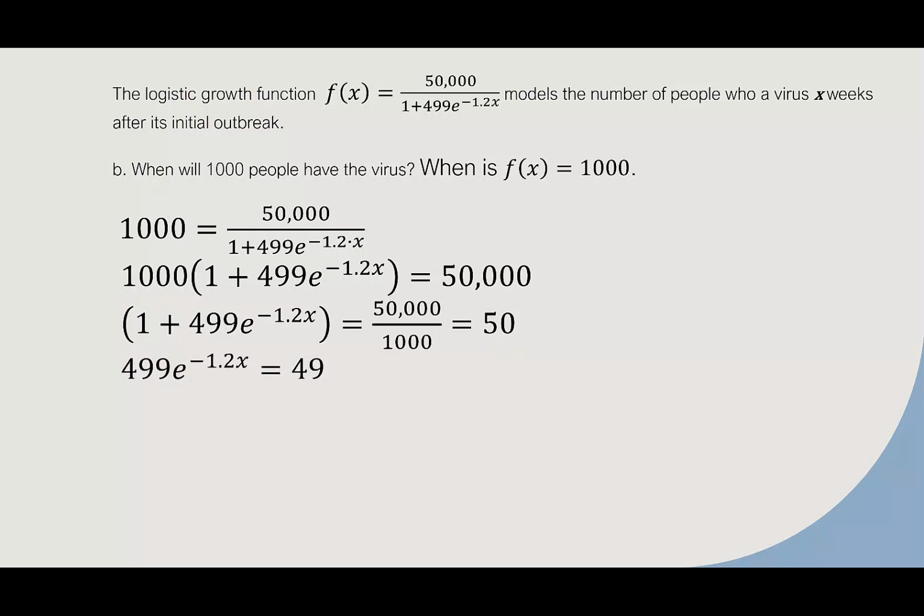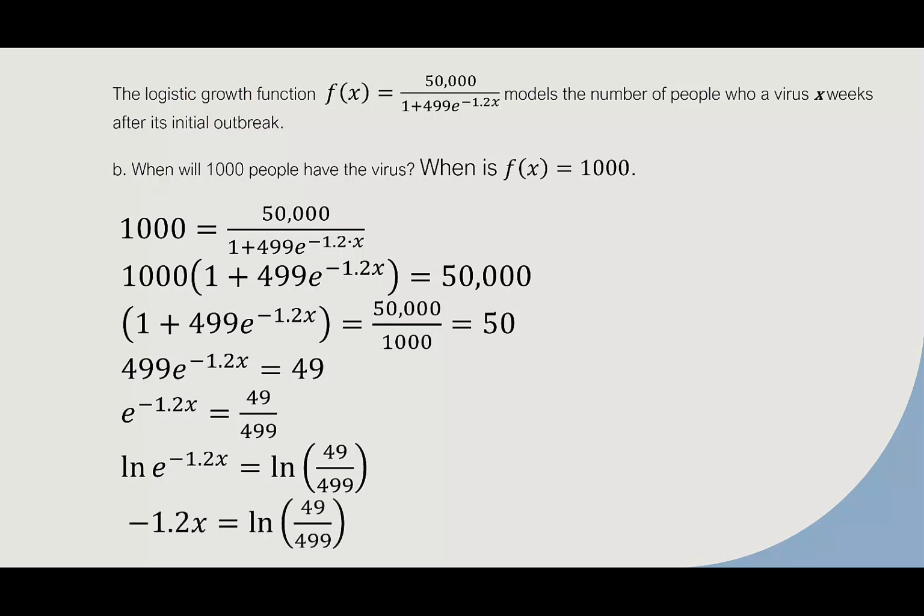Eventually, we're going to have to use the natural log, but remember we never do that before we isolate the e. This means we need to divide by 499. Now we have e to the negative 1.2x is 49 over 499. When I apply the natural log to both sides, I have the natural log of e to the negative 1.2x is the natural log of 49 over 499.